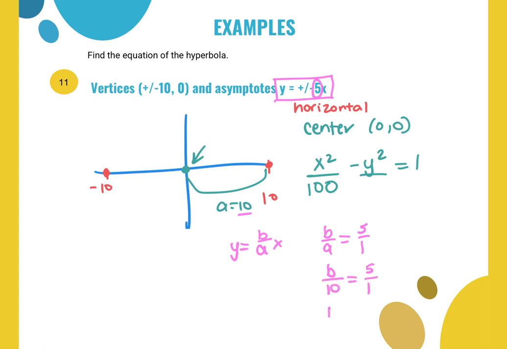And if we cross multiply, b is 50. b squared would be 2,500. So our standard form of our equation is x squared over 100 minus y squared over 2,500 equals 1.